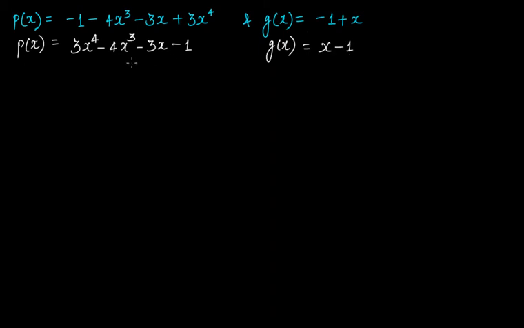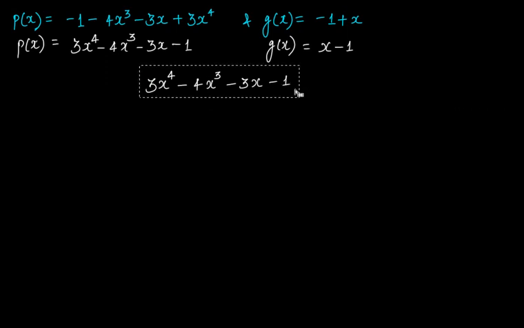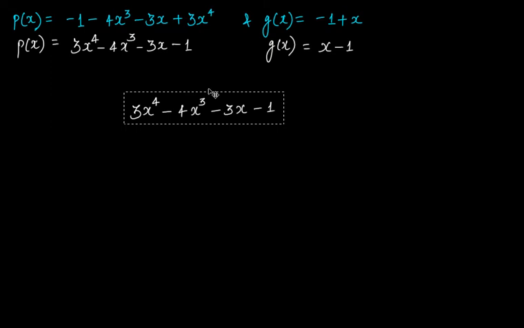Now let's divide. So let's write it like here. It's 3x raised to the power of 4 minus 4x cubed minus 3x and minus 1, divided by x minus 1.